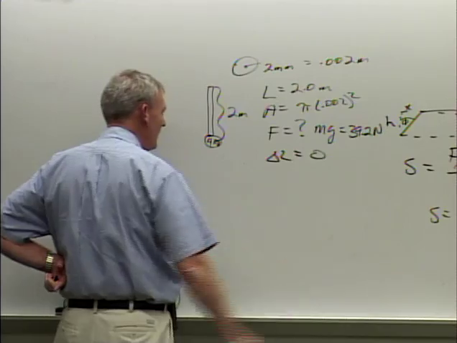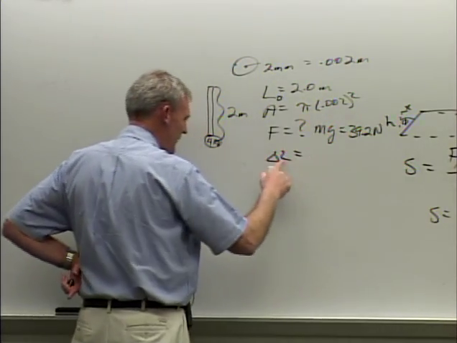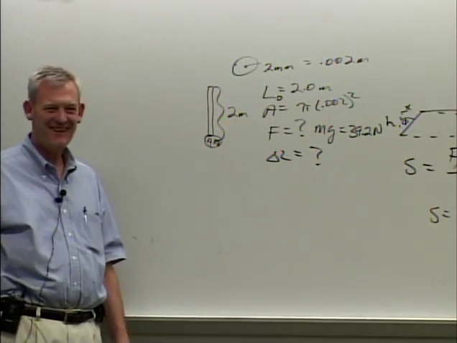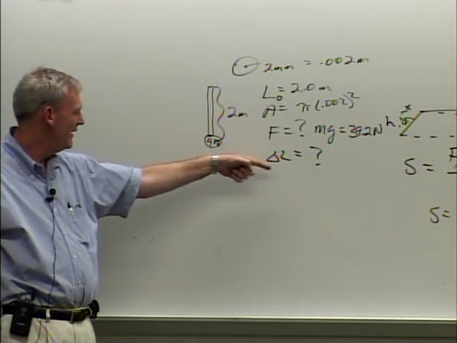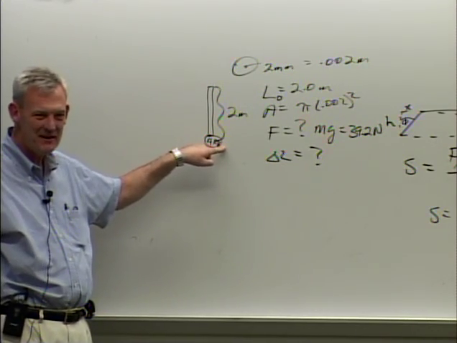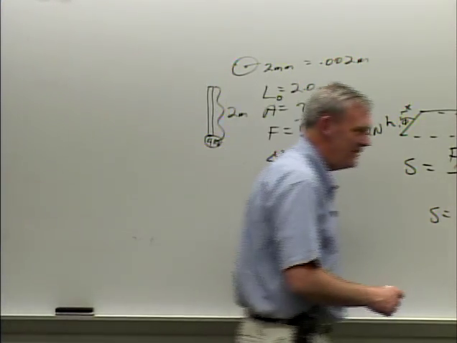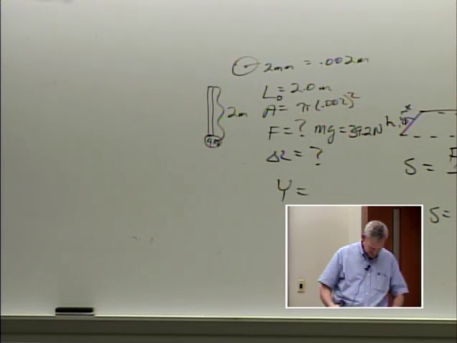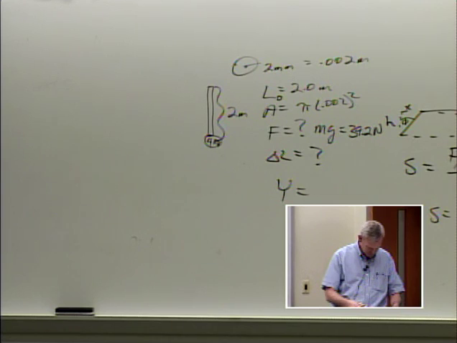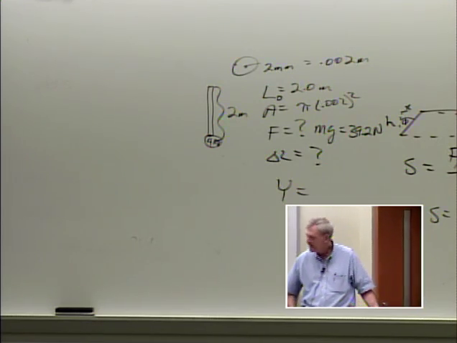I'm after delta L. Sorry, that made no sense. I was thinking I need to put the not in there. This is all I need. The little sneaky part to that was you got a 4 kilogram thing. Now it's stretching it. You also need Young's modulus for aluminum, which is in the book. The Young's modulus for aluminum is 7.0 times 10 to the 10th.